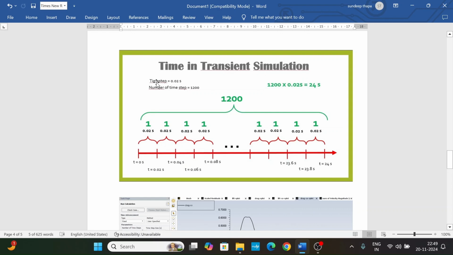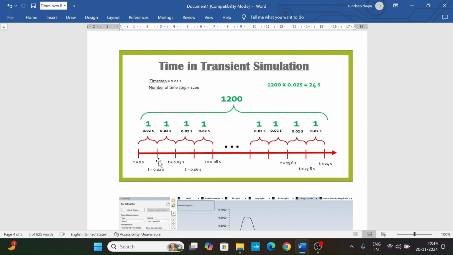The time step also should not be a large value. Let's say 10 seconds. Let's say t equals 0 seconds, and the next interval you're calculating for is 10 seconds. In between those 10 seconds, the major changes have already happened, but your simulation did not account for them, because you simulated at 0 seconds, then at 10 seconds, then at another 10 seconds, that is 20 seconds, like that.